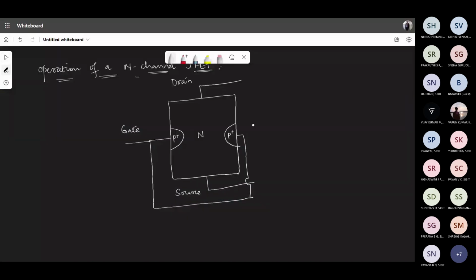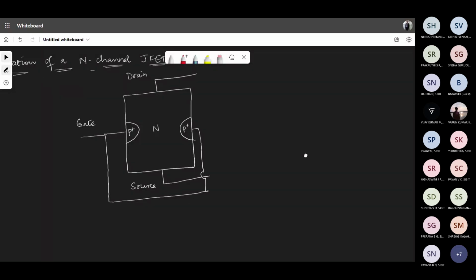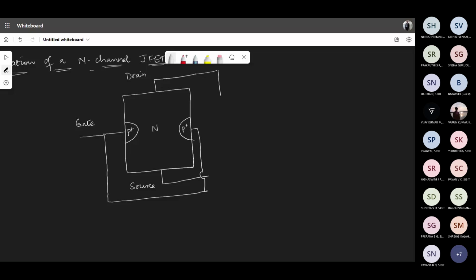Now as far as the operation is concerned, we should understand what is going to happen when you connect a voltage source to these two. Let us say we apply a positive voltage here. Is there any specific reason why we have to apply a positive voltage?